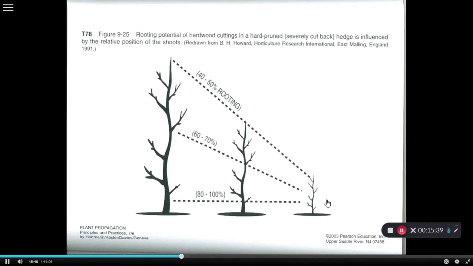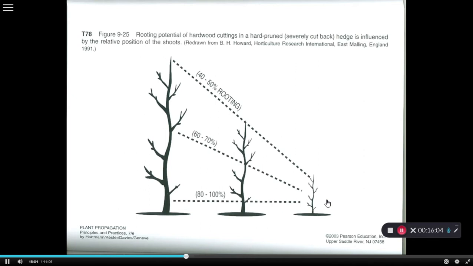Okay, coming back to physiological age and that location on the plant. So this might be demonstrated like this. We have a plant that's, maybe it's a tree, and it's growing out in the field, and we cut it back hard and like almost to the ground. And it emerges from that stump and grows for a few years, maybe 3 years.